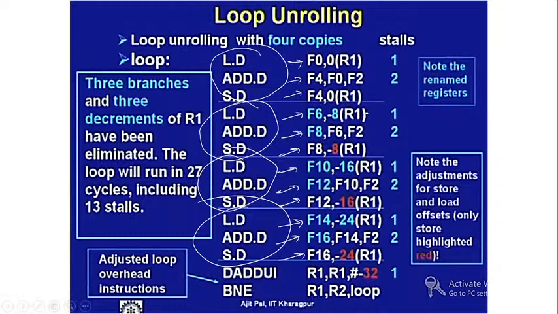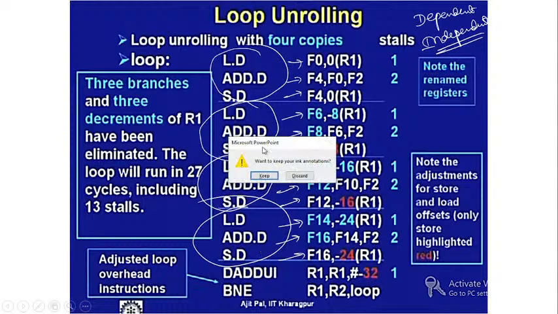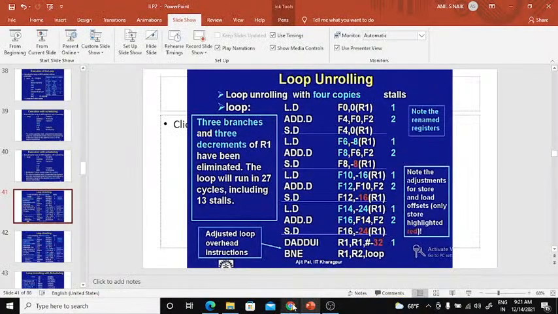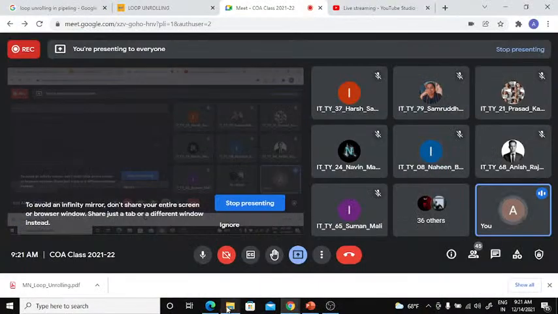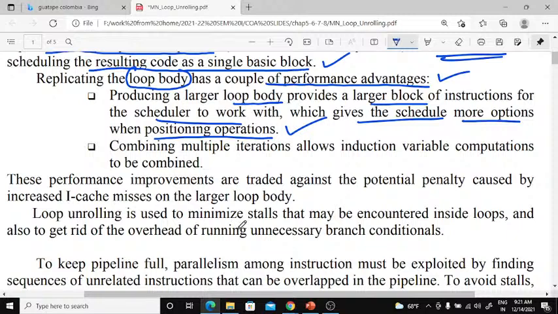Okay, if we duplicate, what happens is we separate the dependent and independent instructions. We'll get more options if we replicate. Earlier the loop was only 3 instructions.